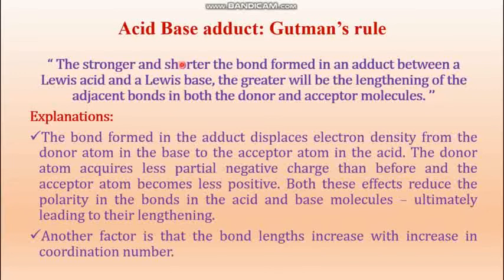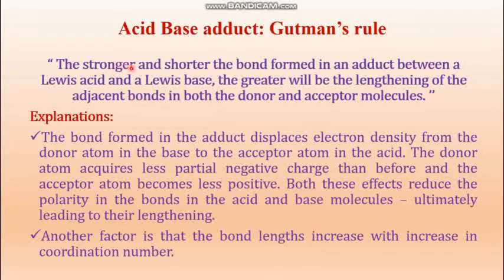In the case of trimethylamine it becomes stronger, and so the nitrogen-boron bond becomes shorter. Now the greater will be the lengthening of the adjacent bond. Adjacent bond means the boron-fluorine bond. So this bond length becomes elongated, and this rule is known as Gutmann's rule.